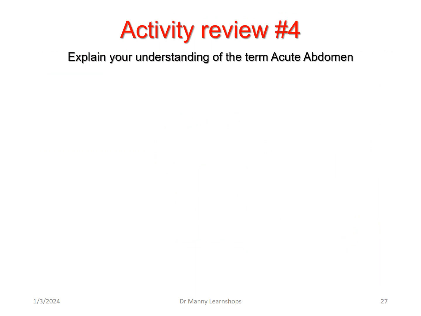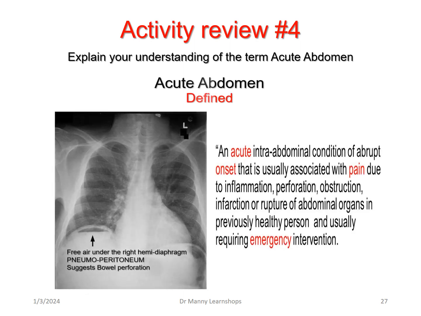What do you understand by the term acute abdomen? Well, acute is sudden. And in the definition, this is now a condition where you get intense pain, which can be due to inflammation, perforation, obstruction, injury to your abdominal organs, and it's typically an emergency procedure.